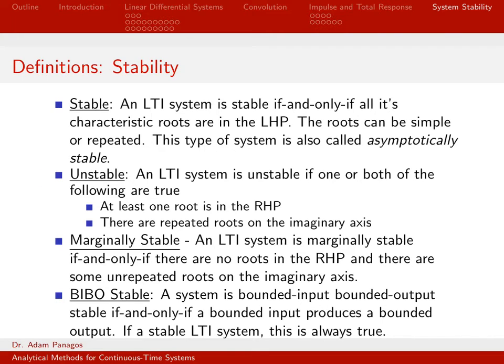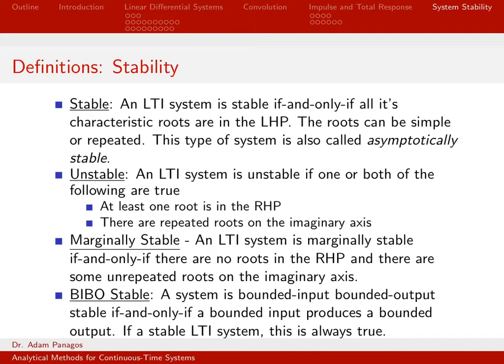An unstable system is opposite. It has at least a root on the right-hand plane. So let's say I had a root at 2. Well, that corresponds to a characteristic mode of e to the 2t, which blows up with time. So if I have any roots anywhere on the right-hand plane, I am an unstable system. Or if there are repeated roots on the imaginary axis.